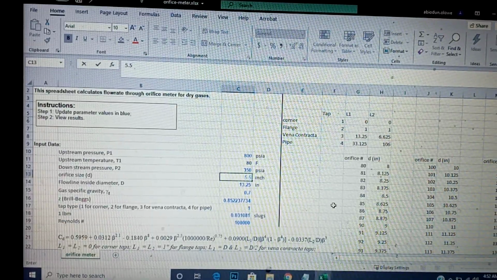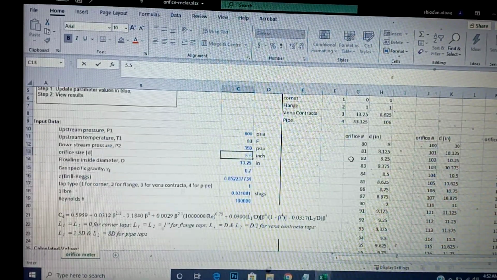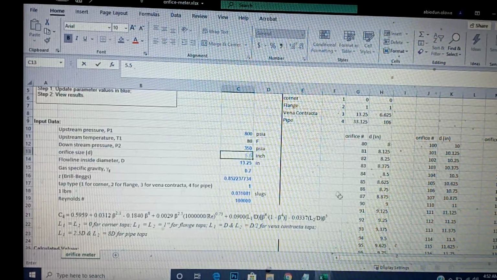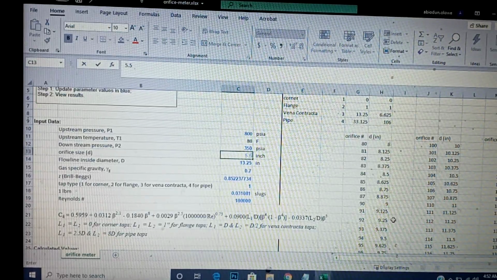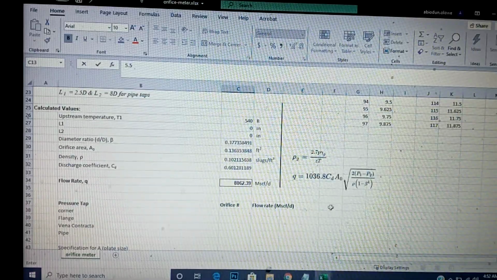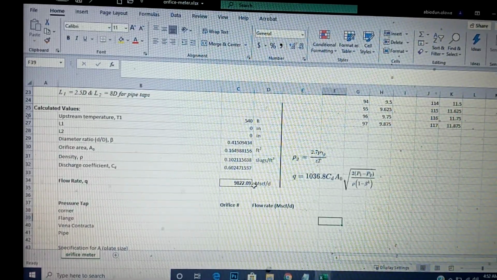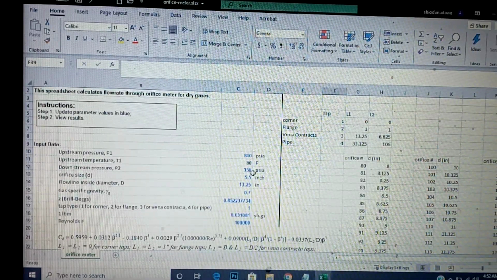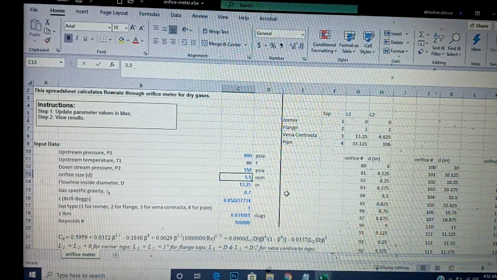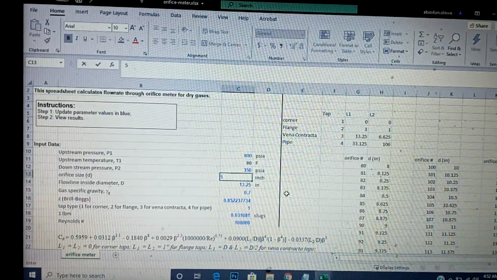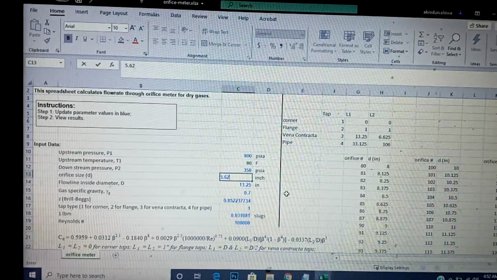5.5 would be 50. Okay, I just gave you all these numbers as an example. Even the one I'm using is not in this table. So 5.5, I know that's going to be 50, 54. Number 54. 5.5 is, again, too small. The next one is 5.625.